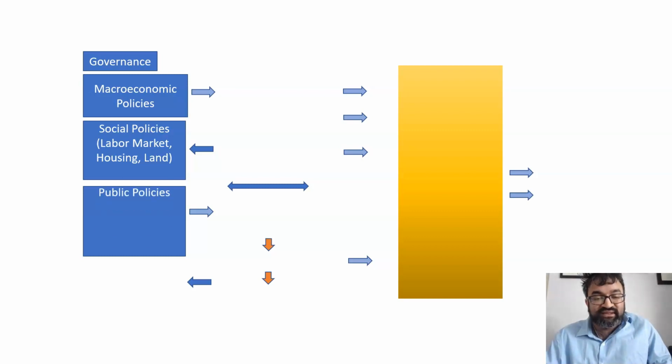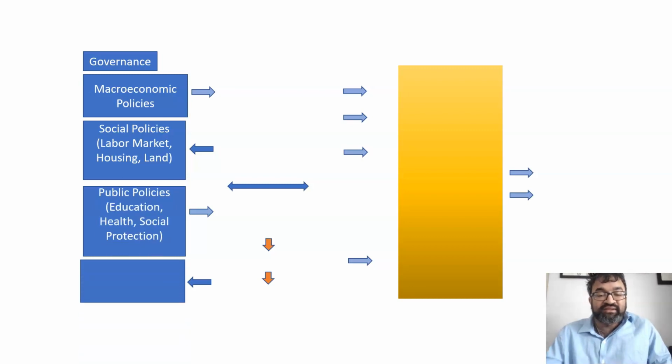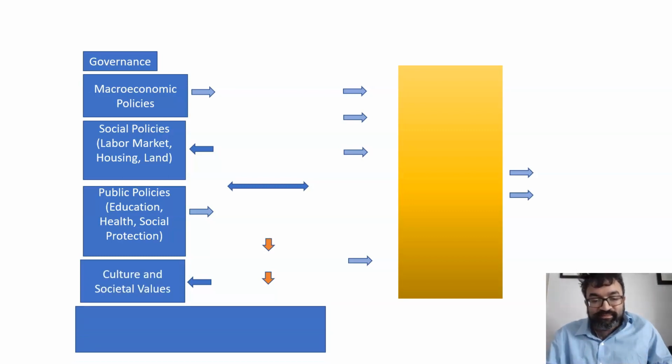The next part of this is public policies. The types of public policies that we want to be thinking about are in the realm of education, healthcare, and social protection. These are all key ingredients to making sure that we maintain an equitable society.